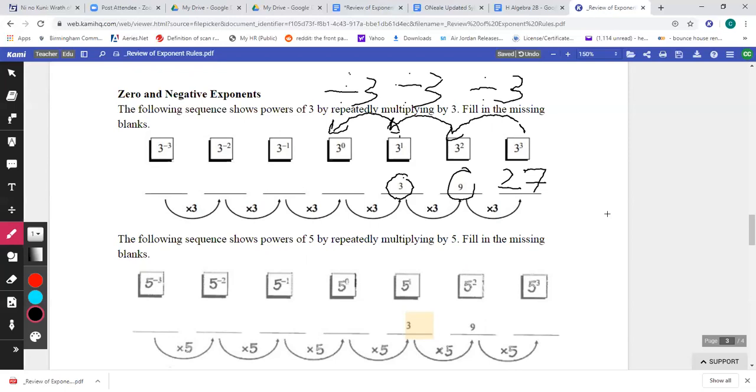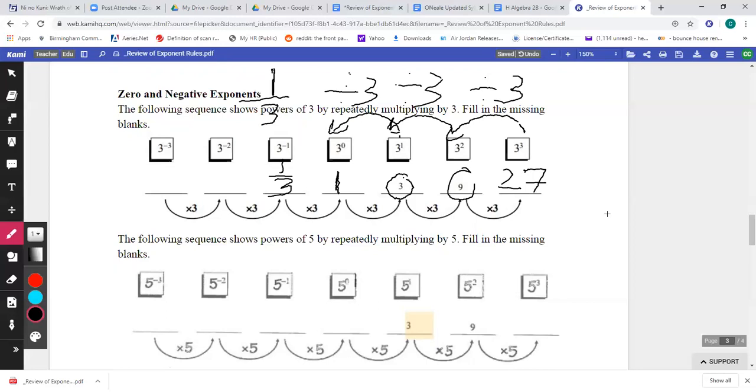And so if I have 3 and I divide it by 3, 3 to the 0 power should be 1. Now, if I divide 1 by 3, that's just 1/3.